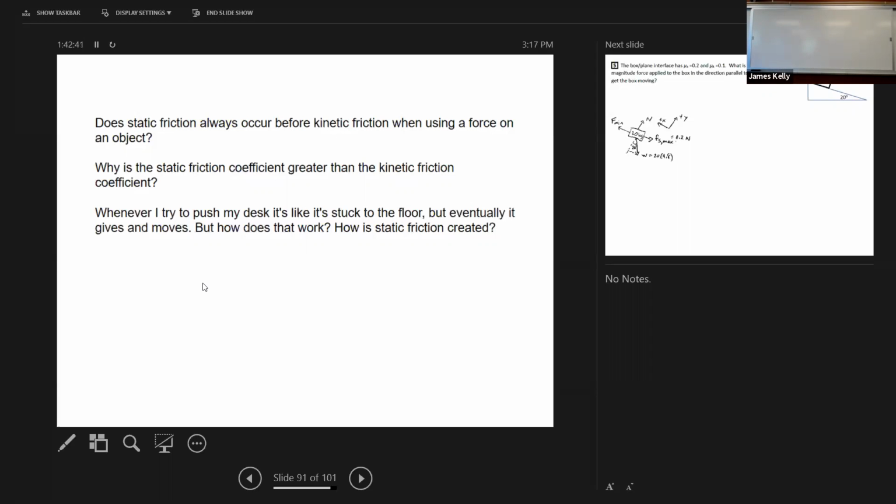Then, if this thing broke free and started moving, suddenly the kinetic friction force would be bigger than the former smaller static friction force, and that might cause it to slow down and stop again. So it couldn't even move in that case, because as soon as it breaks free, there would be a bigger force going backwards, and that would slow it down and stop it.